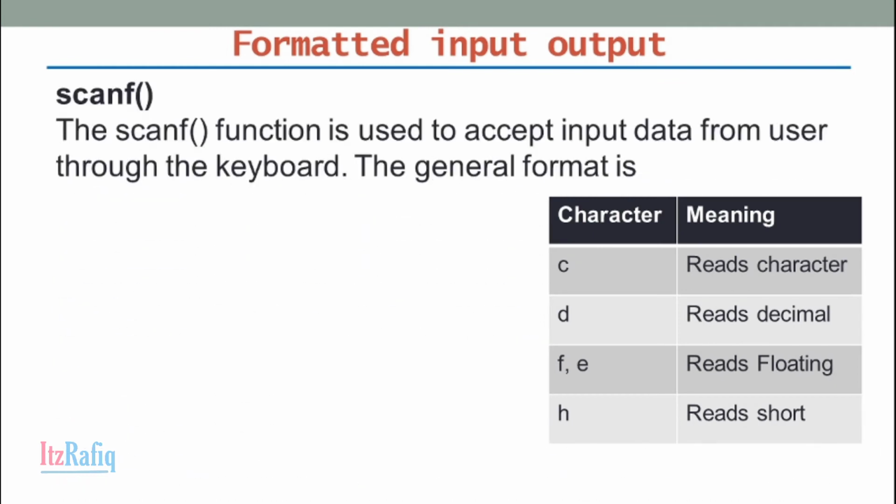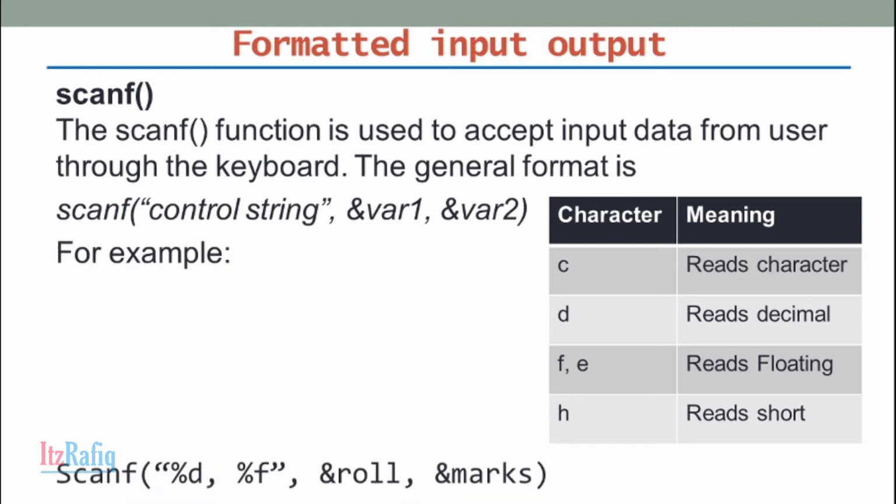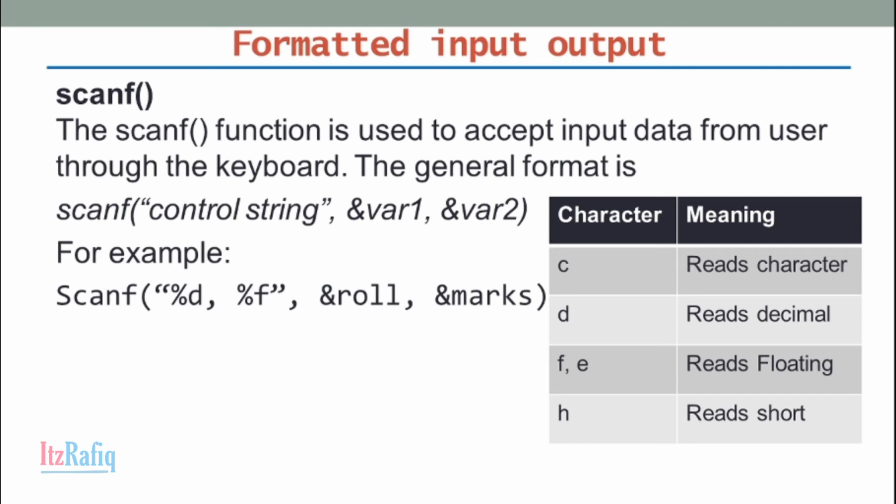For formatted input and output we have scanf. The scanf function is used to accept input data from the user through the keyboard. The general format is scanf, control string, comma, ampersand variable 1, ampersand variable 2, and so on. In the control string we write what type of data we want to take as input.